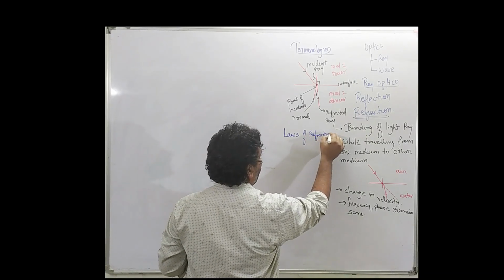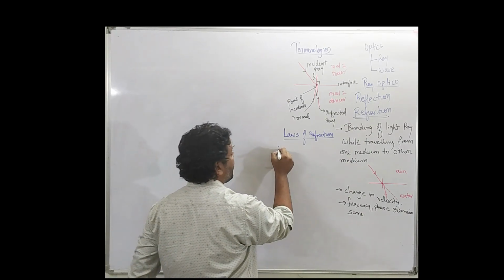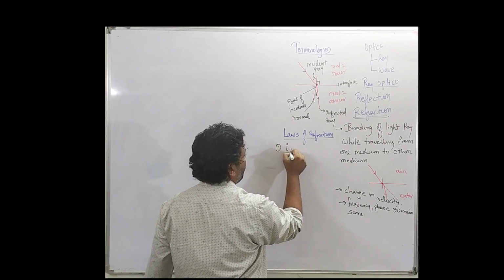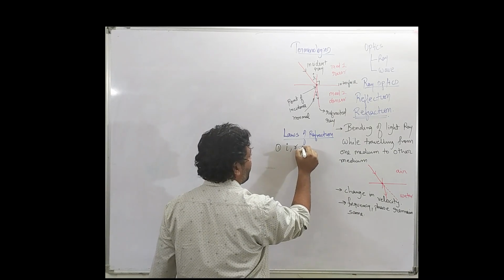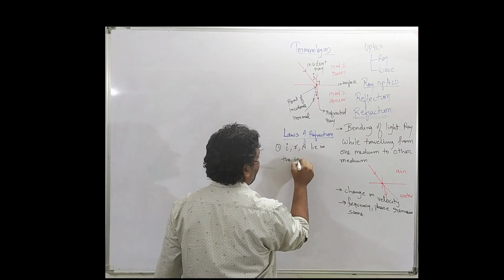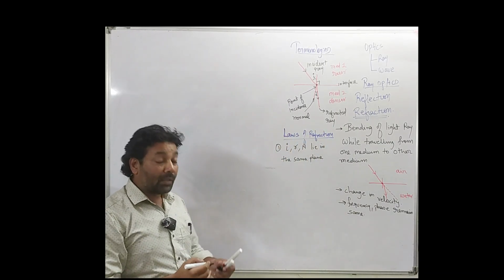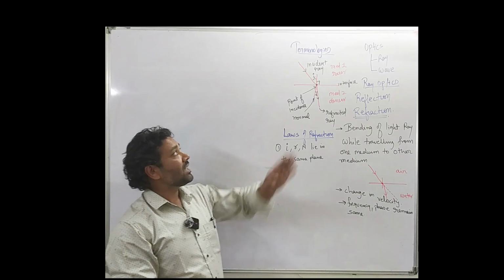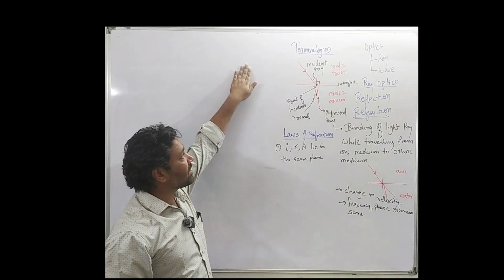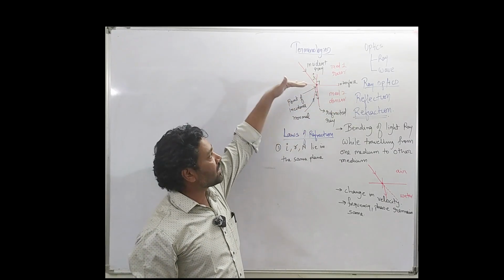So, laws of refraction. The first law says that the incident ray, refracted ray, and the normal lie in the same plane. They lie in the same plane in the sense that you can draw a plane wherever your incident ray is. Let's say the incident ray is on the board, and this is the interface.